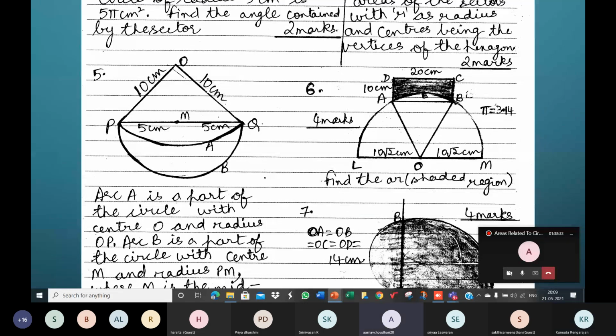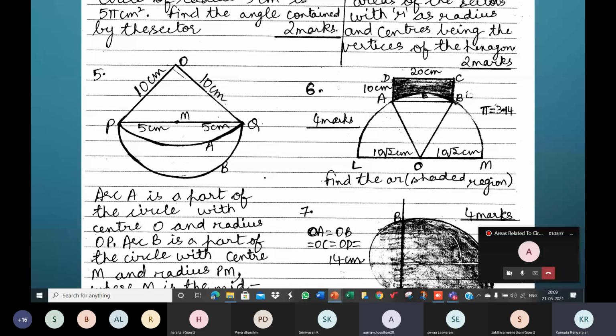It's an isosceles triangle. Don't go by the way the triangle looks, children. You must be able to justify. Because it's freehand, OL is equal to 10 root 2, and OL is equal to OA because they are radii.